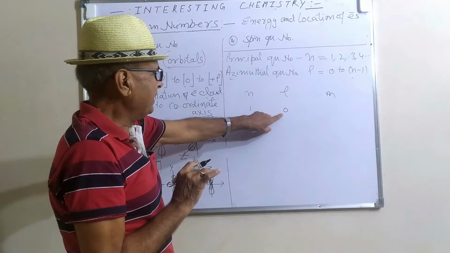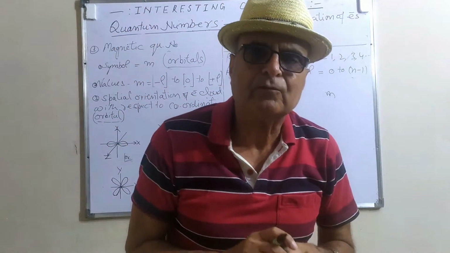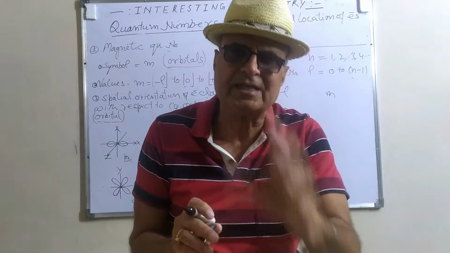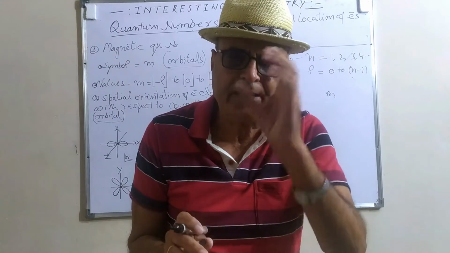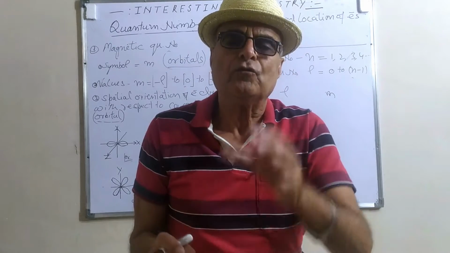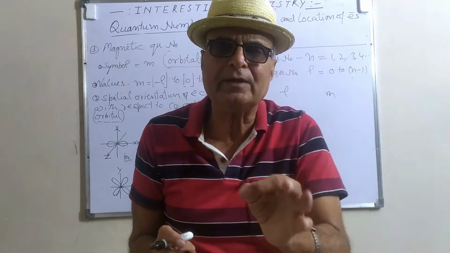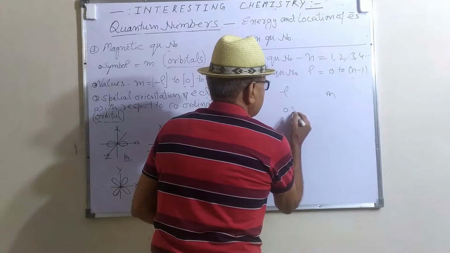The value of L is 0. It means the first shell, first orbit has only one subshell, and that is S.